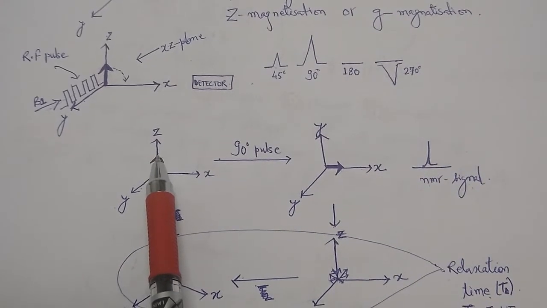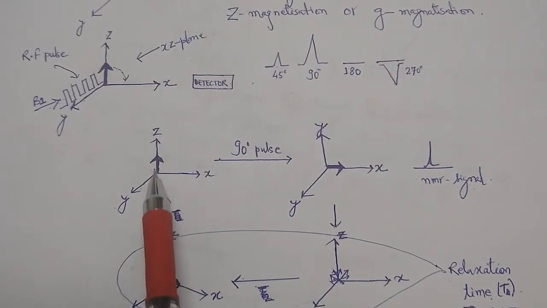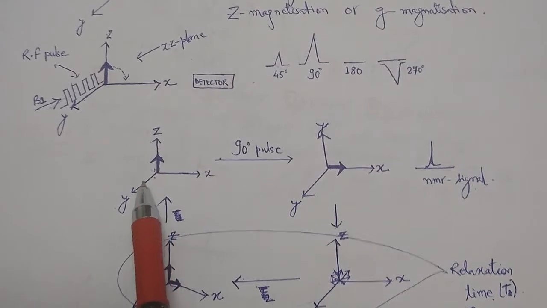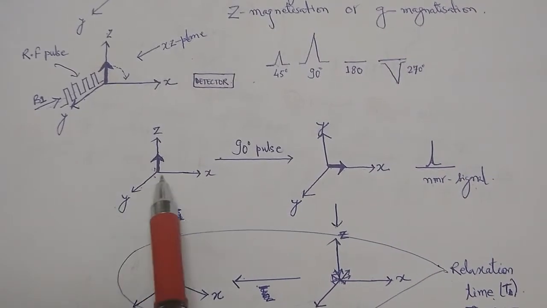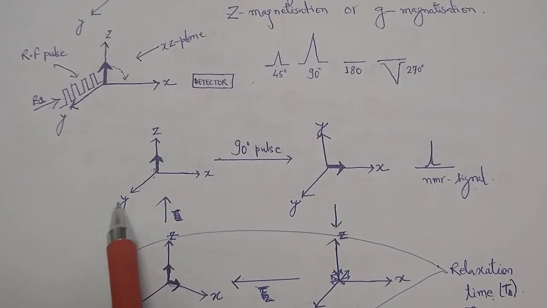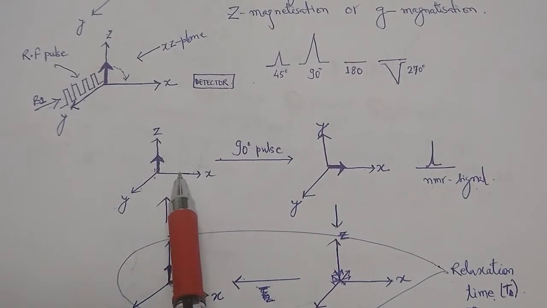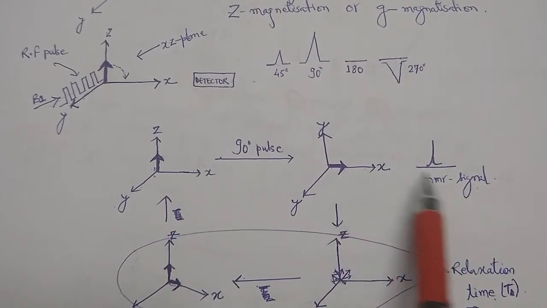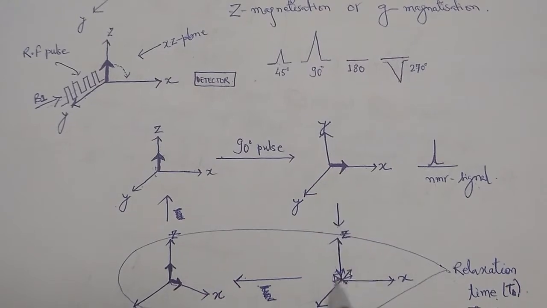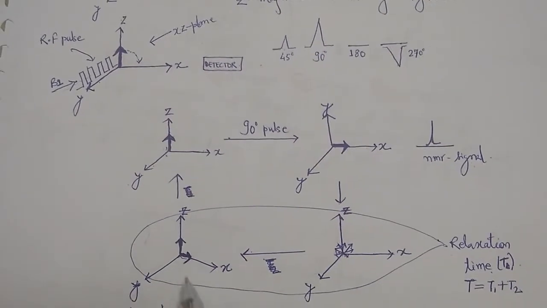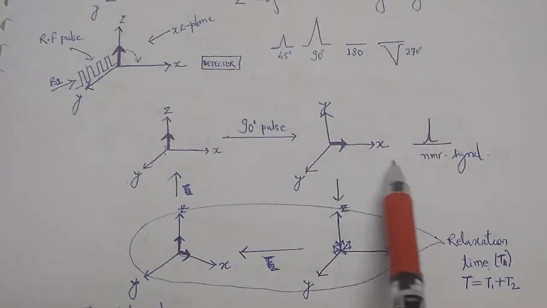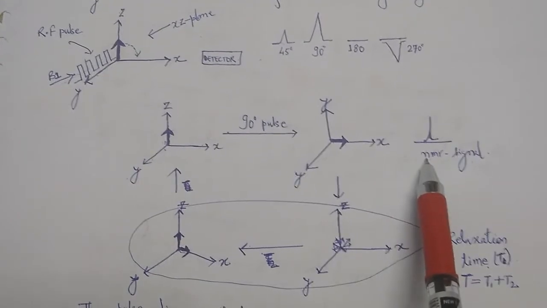Again the radio frequency pulse comes from the y direction, the magnetization goes back to the x axis, and we get the NMR signal. Like this the whole process will continuously repeat and we will get the intense NMR signal.